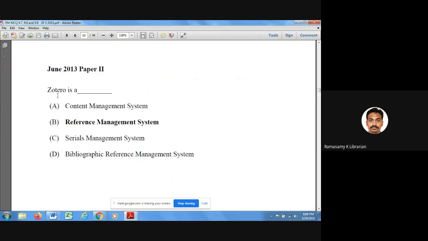Zotero, you know, is a reference management system where you can generate in-text citations. You can create a list of references in more than 1,000, 2,000 reference styles.